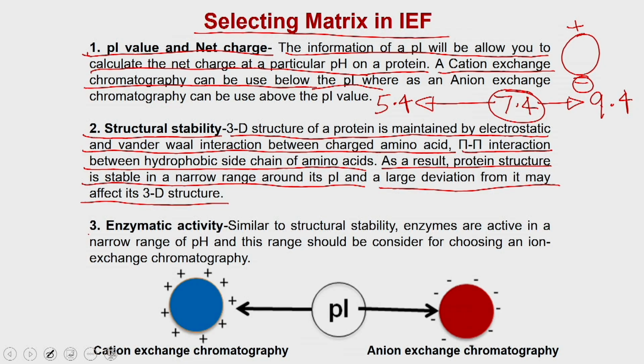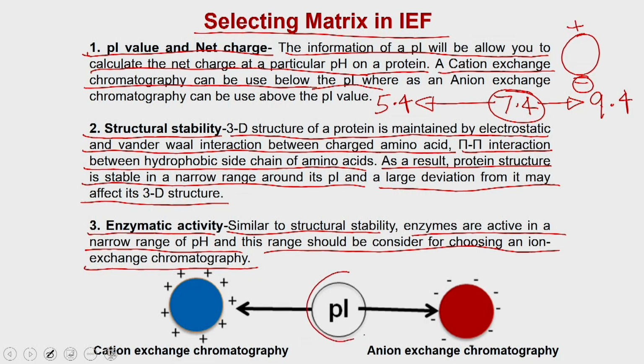Now, the third criterion is enzymatic activity. In case you are purifying an enzyme, similar to structural stability, enzymes are active in a very narrow range of pH, and this range should be considered when choosing an ion exchange chromatography. So, as given, if you go lower than the pI, you will be able to use cation exchange chromatography. If you go above the pI, you will be able to use anion exchange chromatography.